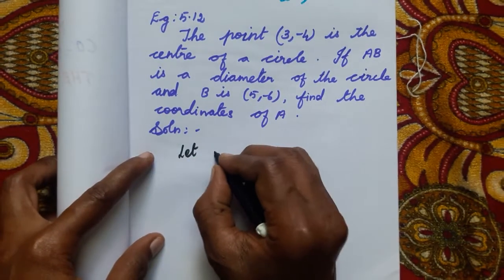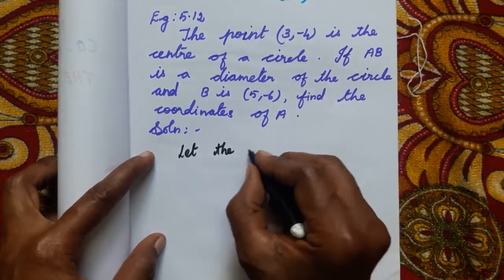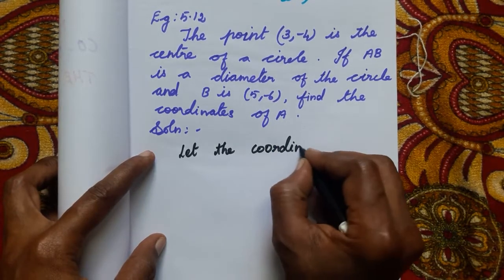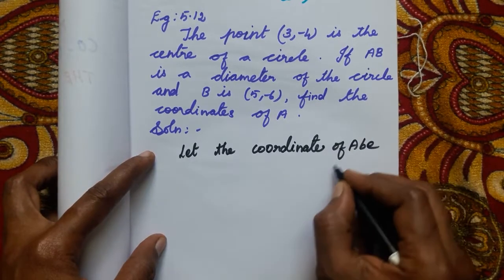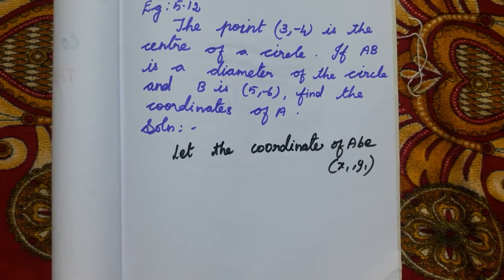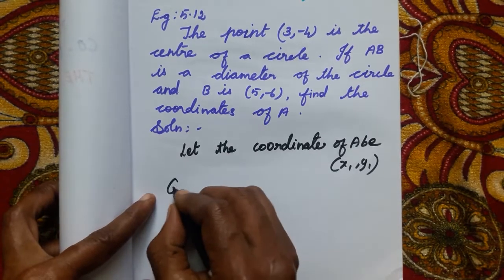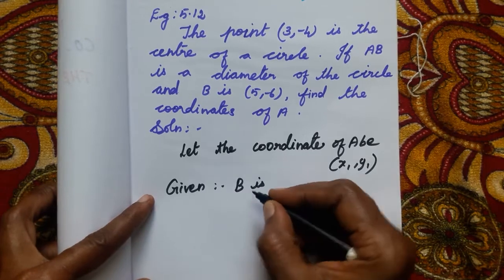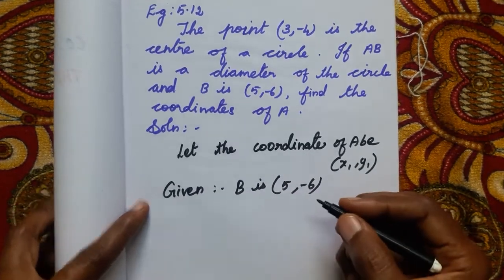Let the coordinates of A be (x1, y1), and B is given as (5, minus 6).